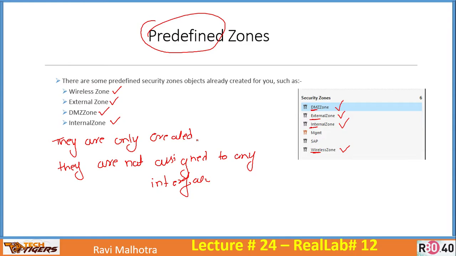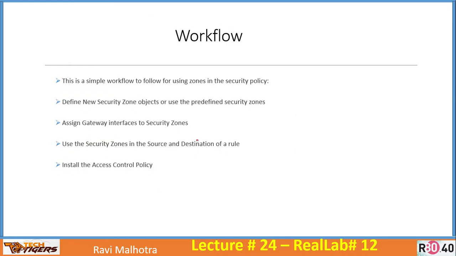Let us understand the workflow of zoning. This is a simple workflow to follow for using zones in the security policy. The first one is to define new security zone objects or use the predefined security zones. It all depends on you. You can either create new security zones or use the existing ones.